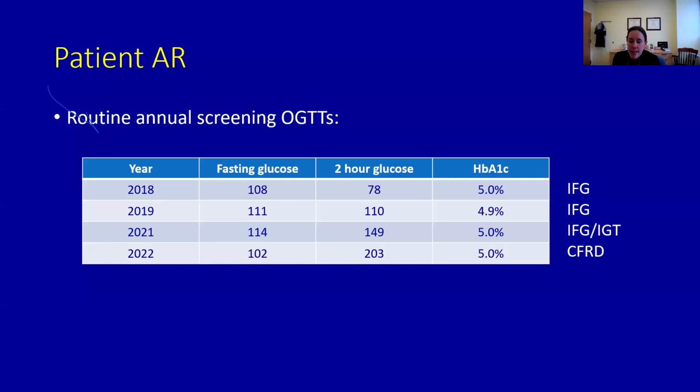And so I'd like to point out to you something interesting about these data, and that is that he basically went from impaired fasting glucose to CFRD with really no change at all in his hemoglobin A1C. And so this is something that I think is really, really fascinating, and I want to talk more about.